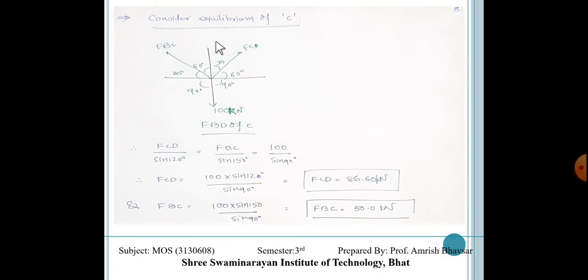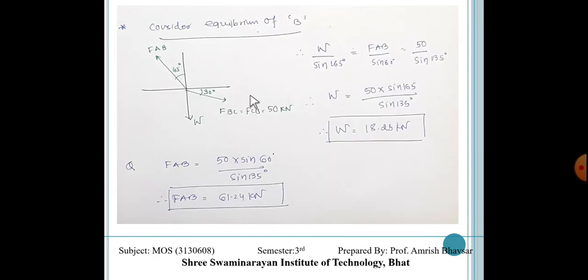So from Lami's theorem, FCD upon sine 120 is equal to FBC upon sine 150 is equal to 100 upon sine 90. So from these we can calculate FCD and FBC. Now for equilibrium of B, FBC is equal to FCB and it is 50, that we know.